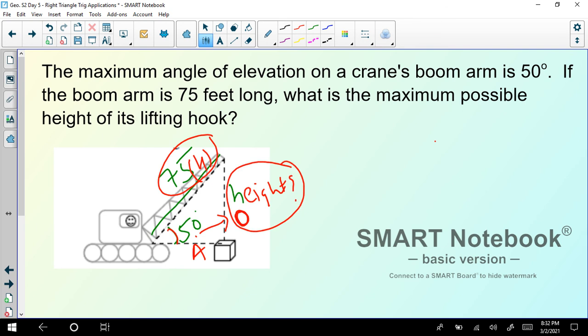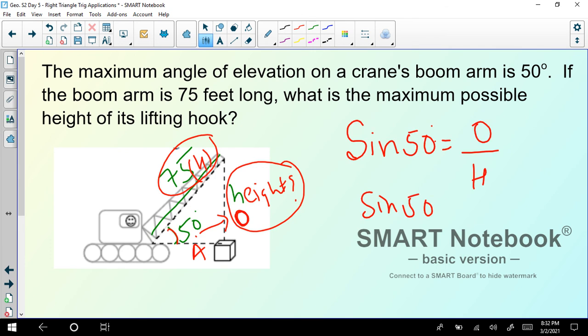When we have opposite and hypotenuse, the trigonometric ratio that we use is sine. So sine of 50 degrees equals opposite over hypotenuse. Substituting, sine 50 degrees equals, opposite was not given, so just keep it as O itself, or the height, and the hypotenuse is 75.